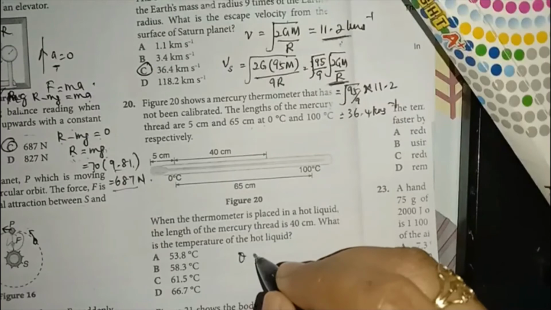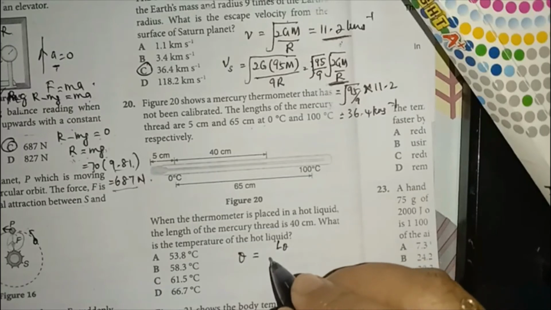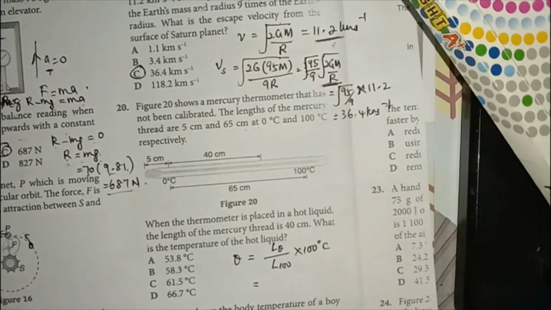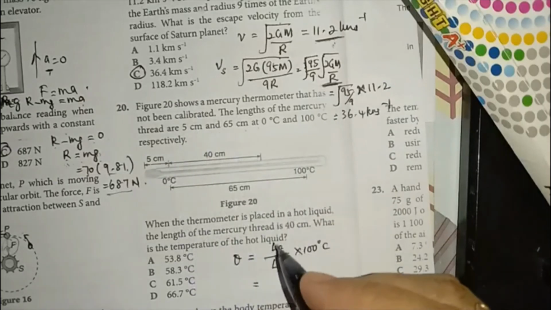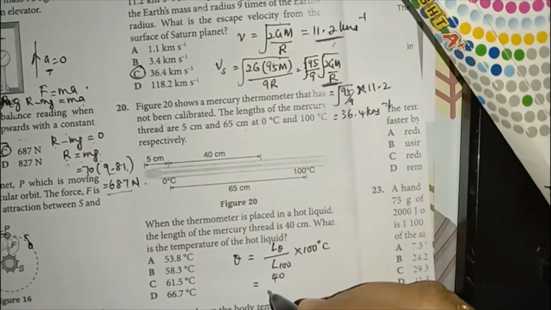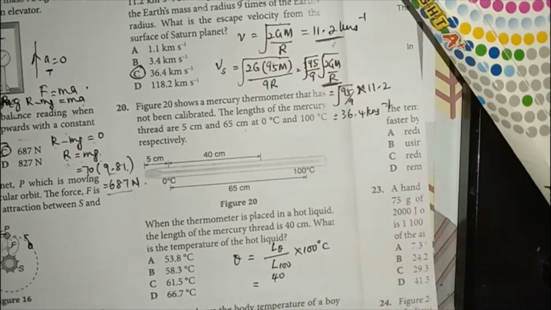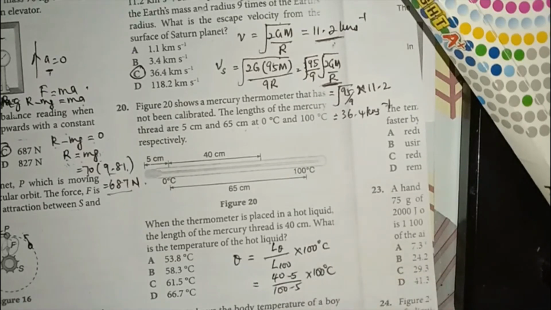So you want to find the temperature, which equals L theta over L100 times 100 degrees Celsius. L theta is 40 minus 5.